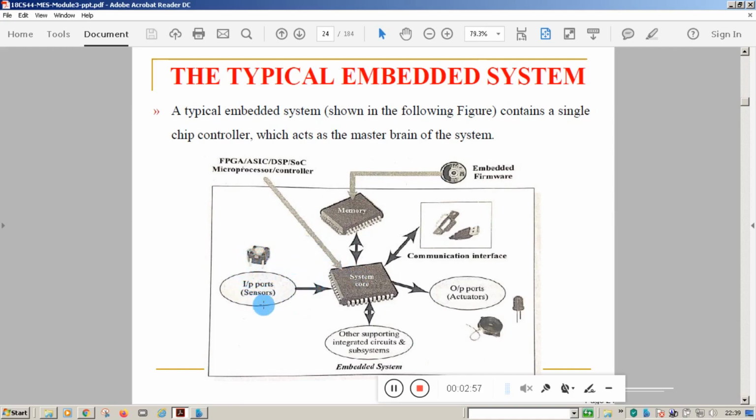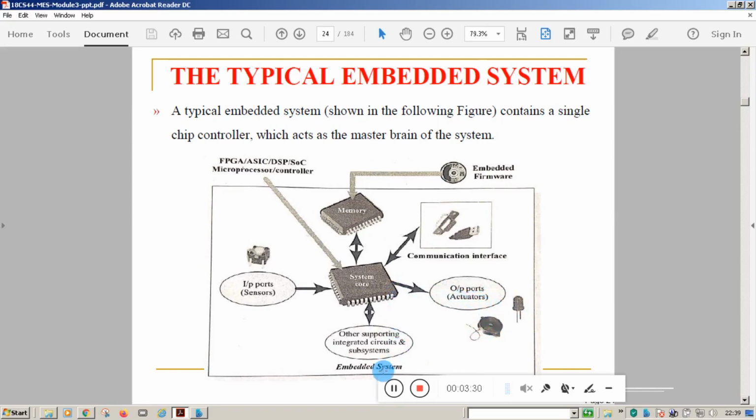Sensors are connected to the input port, which take the input from the external world and pass it to the corresponding electronic circuit. In the output you can see the actuators are connected, and the output devices such as LEDs, buzzer, and so on.